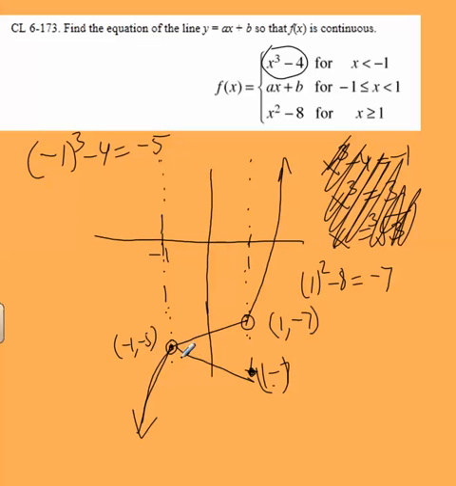And so I know I have a negative slope. And so sketch a little slope triangle here. I know I go down 2 and over 2. So my slope is -1. And my intercept will be halfway between the -5 and the -7, so I think my intercept's -6.